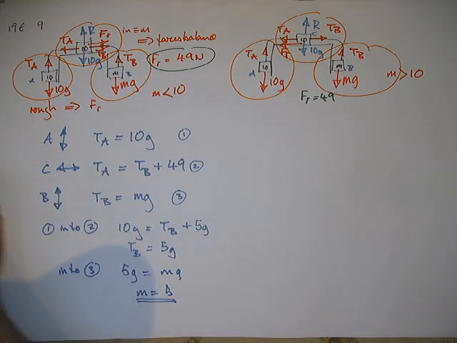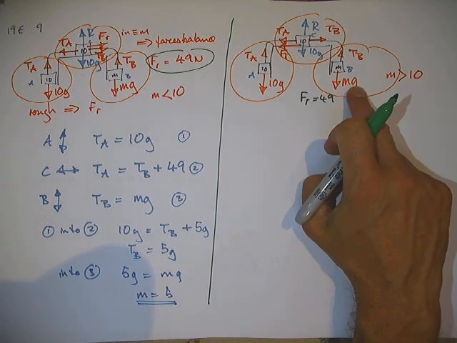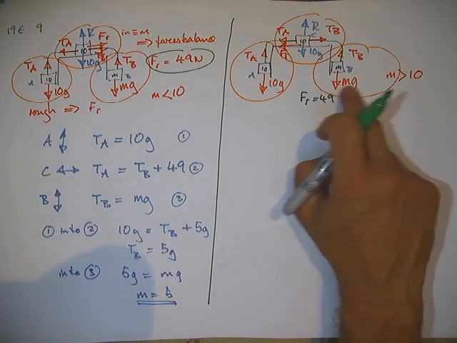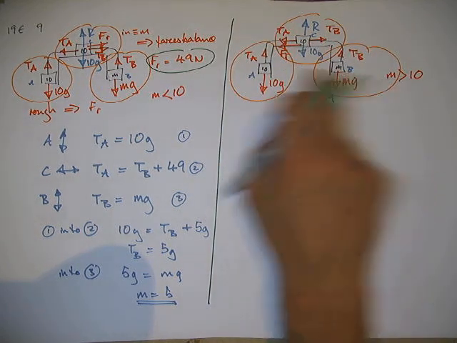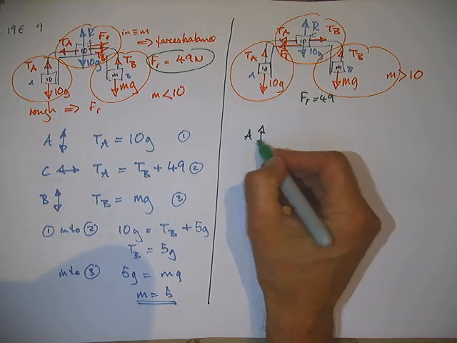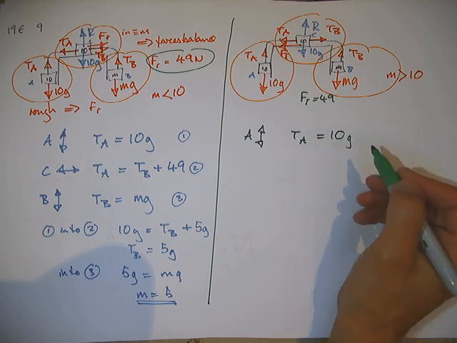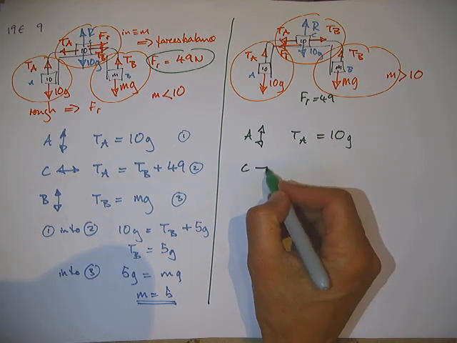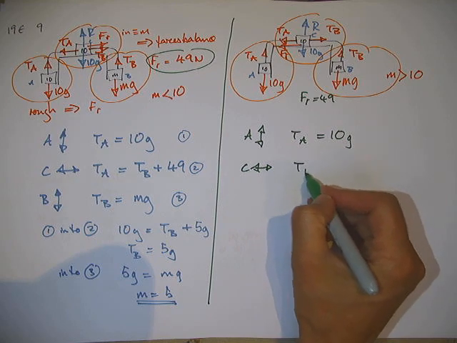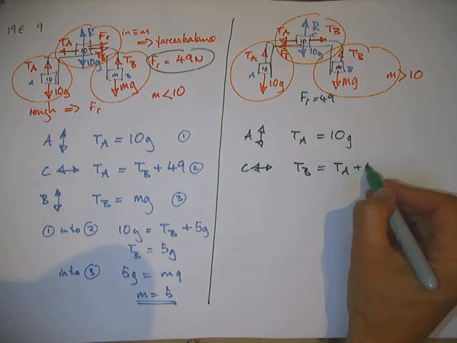Okay. So let's do the same thing on the other side. So if instead this is the bigger mass, as the biggest it can be, so it's still just in equilibrium, we've got TA is 10g. We've got TB is TA plus the 49.